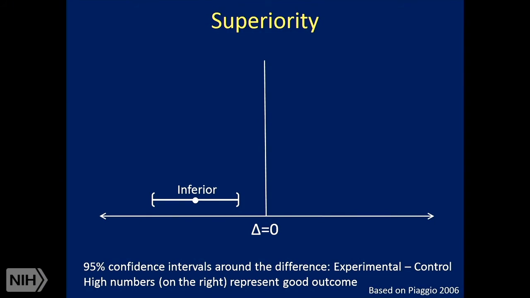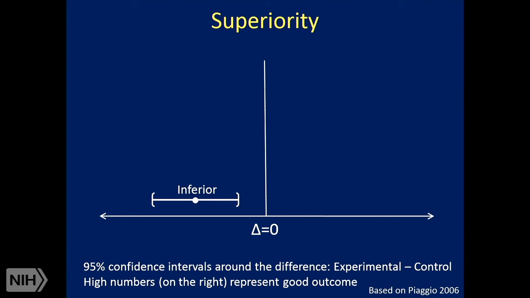If it's on the other side, you actually have inferiority, because the difference is on the left side of 0 completely. The whole interval is on the left side. So you know that the control is better than the experimental. The placebo is better than the medication.